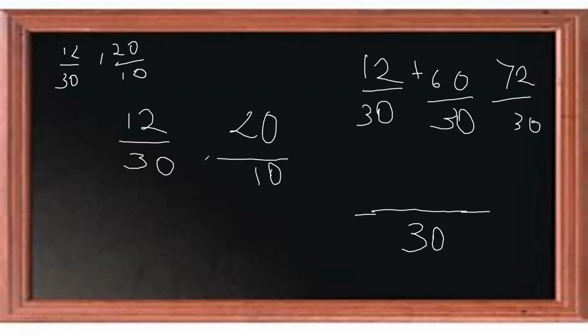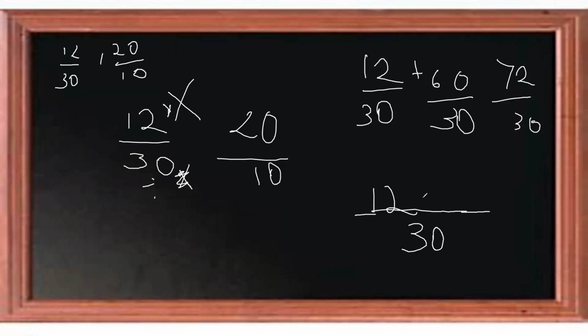For the numerator, divide this 30 by the denominator and then multiply that answer with the numerator. So 30 divided by 30 is 1. 12 ones are 12.